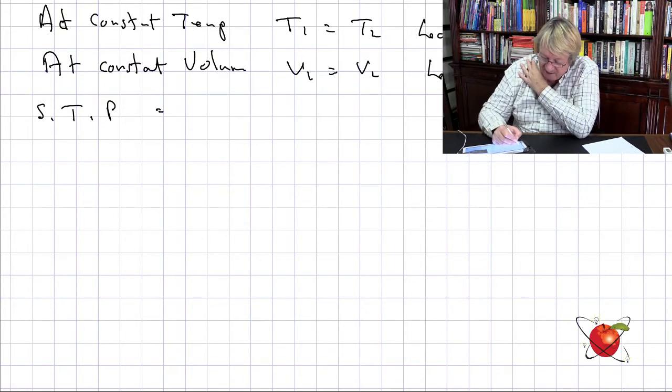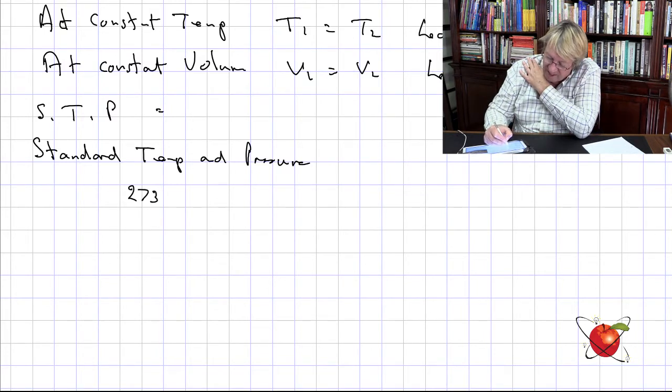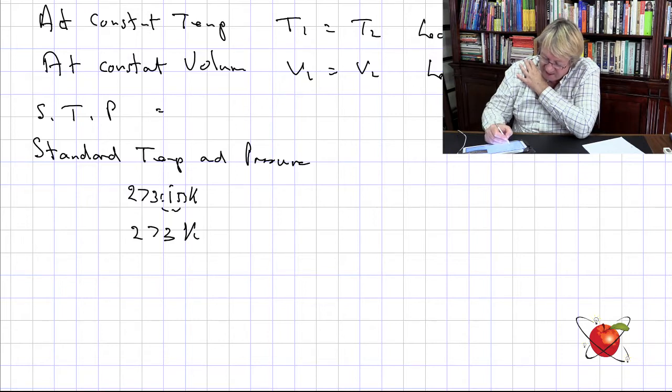STP, standard temperature and pressure. Standard temperature is 273 Kelvin. Actually 273.15 Kelvin, but I think we omit that. Let's call it 273 Kelvin. That is 0 degrees Celsius.